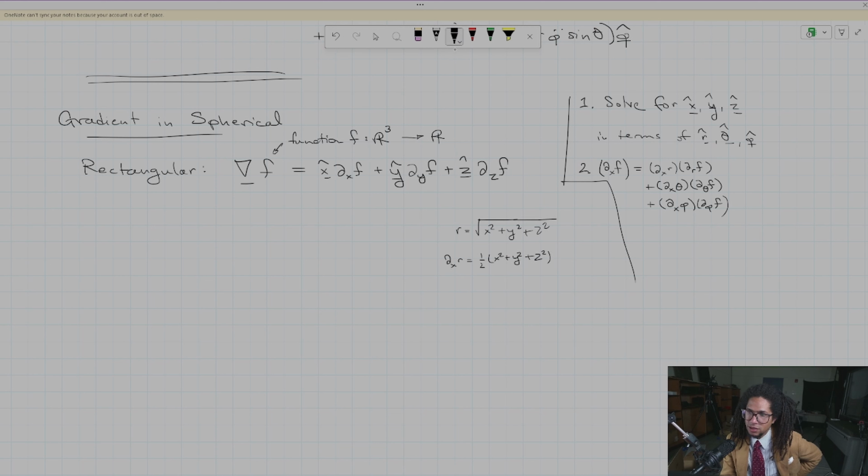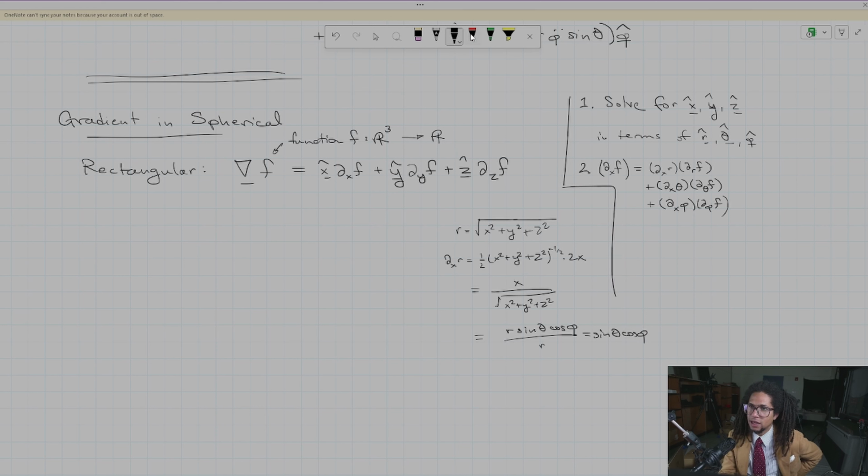Mostly everything is the same, except in the end, this gives us x over root x squared plus y squared plus z squared. Good. Okay, so now after rewriting this in the correct coordinates, I would get r sine theta cos phi over, well, this square root is exactly r. So this is just sine theta cos phi. So I would stick that in here.